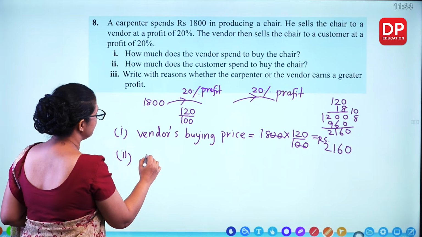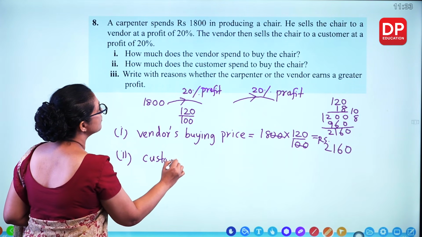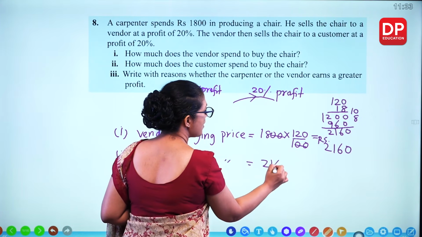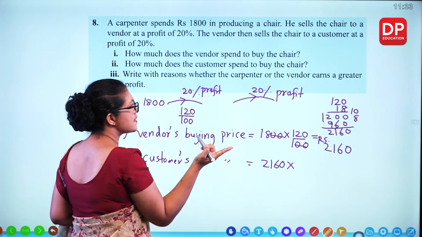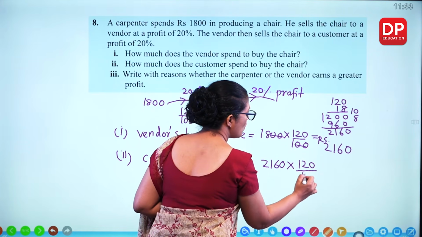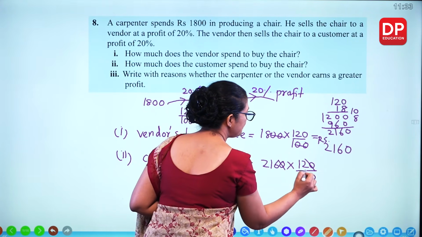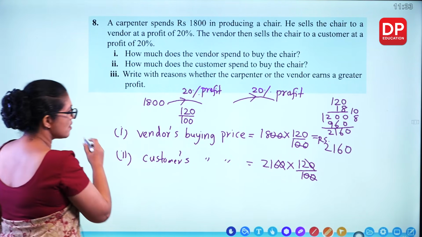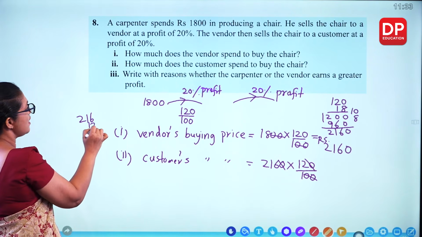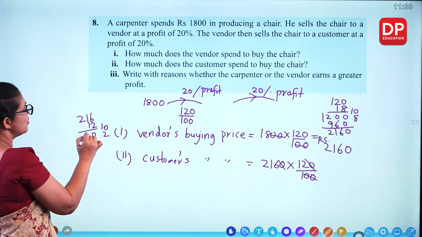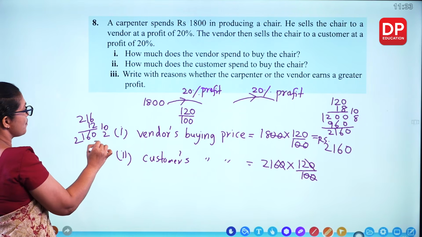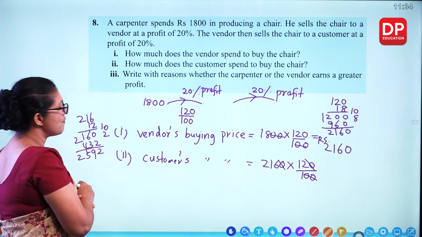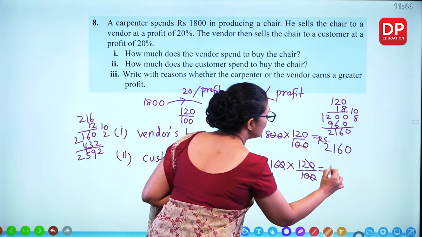So customer's buying price is 2,160 with a 20% profit. 120 over 100. 12 times 216. 216, 12, multiply 10 and 2. And add it together, 2,592.